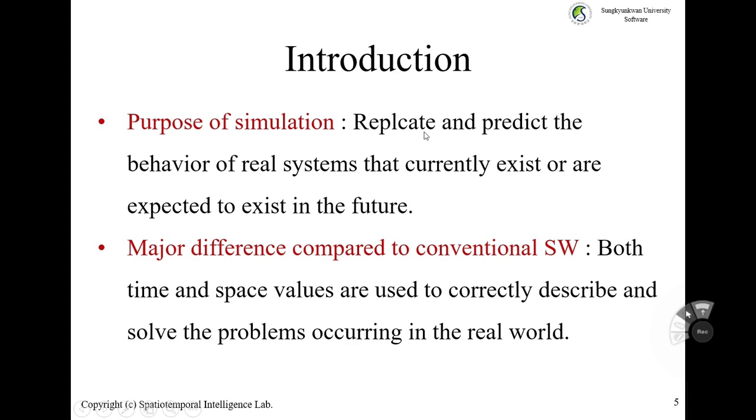So replicate means it copies the behavior or predicts the behavior of the real system. Okay, so this is the target system or target problem that we want to solve.